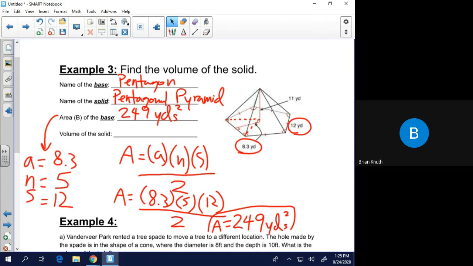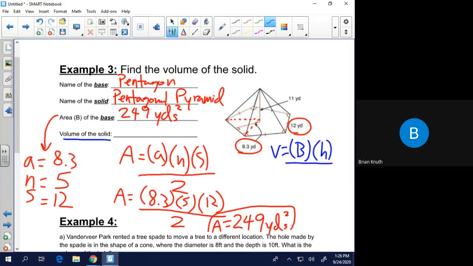Okay, now we have to figure out the volume of the solid. Let's write that over here. We've got volume equals base times height divided by 3. Okay, well our base again that we just found out is the 249. 249 times the height of the entire thing is the 11.